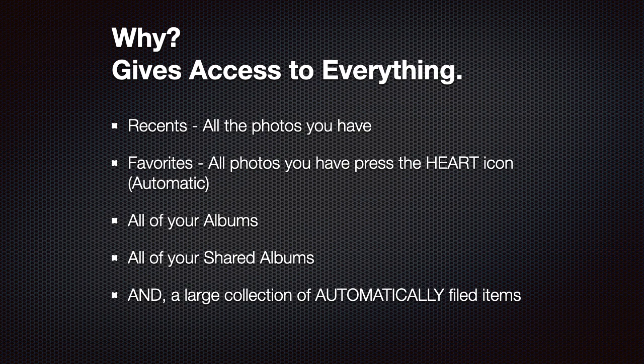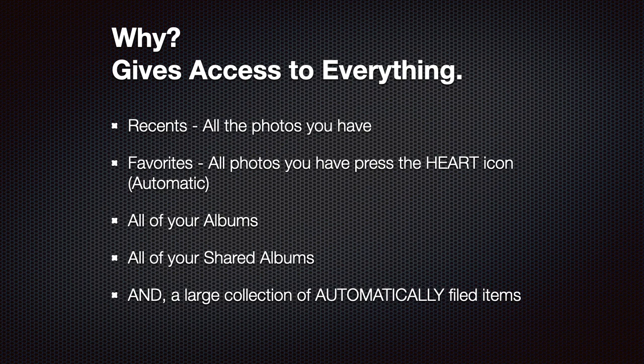Favorites, those are photos that you have taken and then pressed the little heart icon, and then it's automatically filed into Favorites. All of your albums, when you tap on the All, don't do that now because we're going to be moving down the list and then you can't get there if you go off on this tangent.